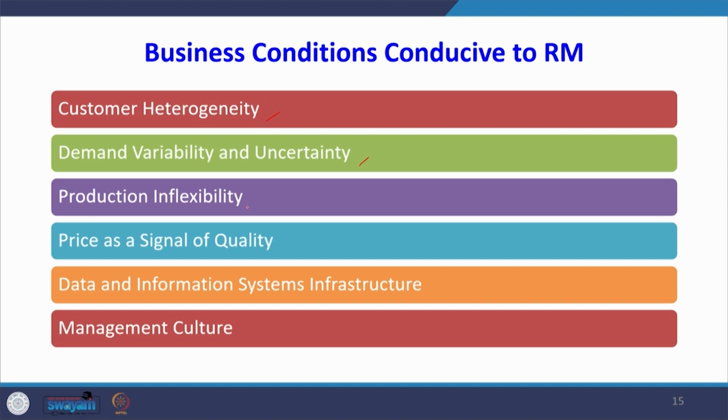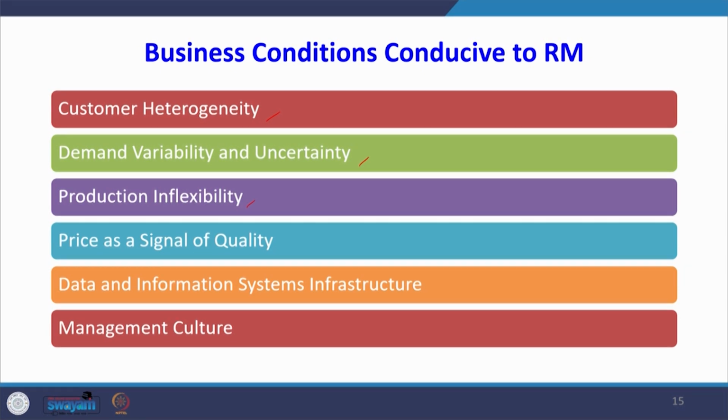Production inflexibility. Obviously, every production capacity is fixed, so production is not flexible. The only way to manage the demand is by changing the price or the way we deliver the product, that is, by changing the time. That is another requirement. The next requirement is price as a signal of quality.